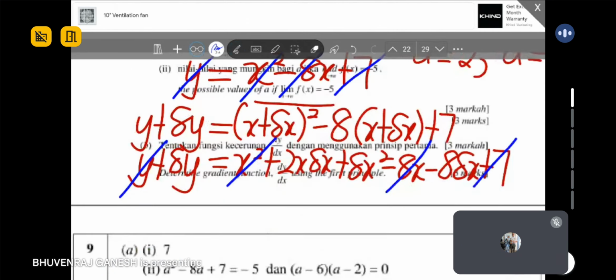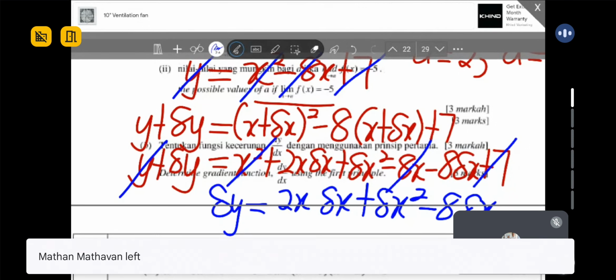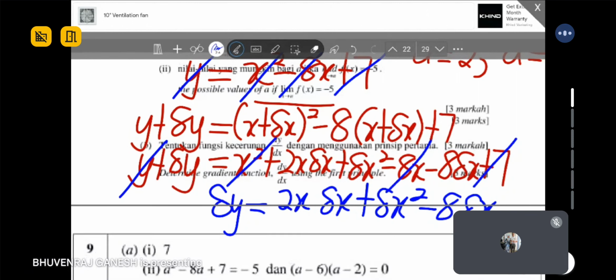Kamu tinggal apa sekarang? Okay, so delta y equal to 2x delta x plus delta x squared minus 8 delta x. Now, what is the next step? Langkah seterusnya. Kena buat apa? After this, selepas penghapusan. Very good.